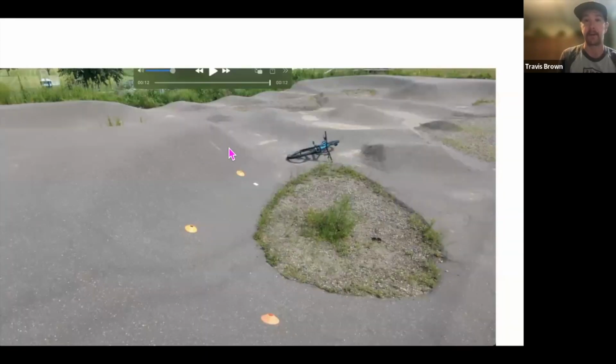What that would look like is something like this. Here we've got our berm corner marked. Our riders could come in, roller, berm corner around here. And this one's paved. They don't have to be paved by any means, but this is just a good example of what we could have.